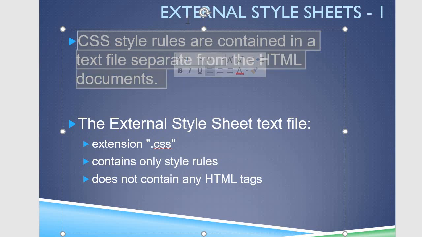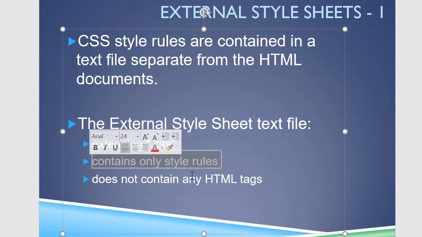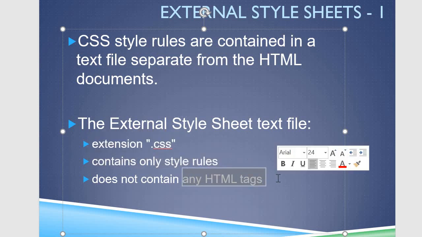That is what an external style sheet is. So that is a separate text file. We will save it as .css. In that text file, it only contains style rules. In that page there is no HTML tag.